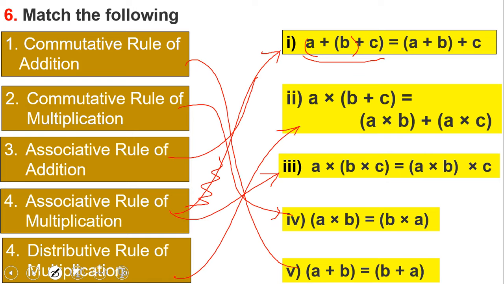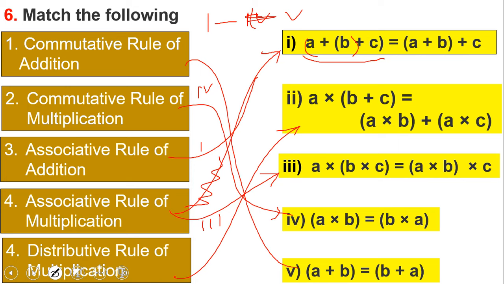So what are the answers? 1 is 5. 2 is 4. 3 is 1. 4 is 3.